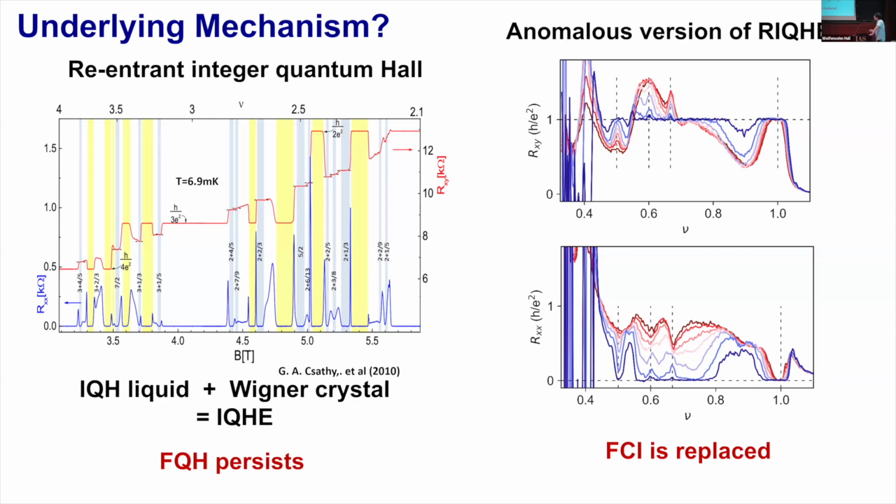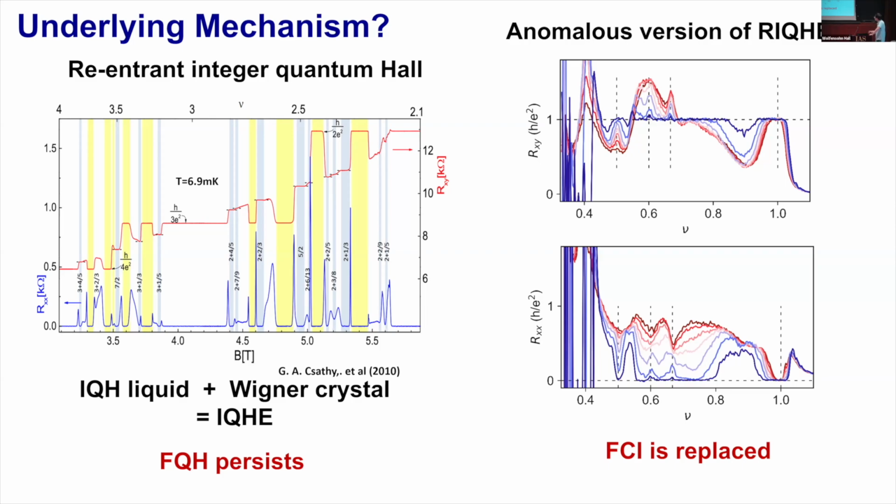But there's also a difference between what reentrant quantum Hall is and what we are observing here, because in reentrant quantum Hall, if you park at the fractional filling and you keep cooling it down, fractions are still fractions. Fractions never become integer in the quantum Hall case. Well, in our case, clearly, some fractions can be replaced by the integer. Okay, that's a very different observation.